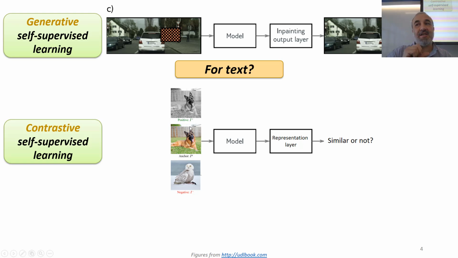I can generate a negative pair that shows two different things by taking the same dog image and pairing it with a random image. Any random image will most probably be different from this image.